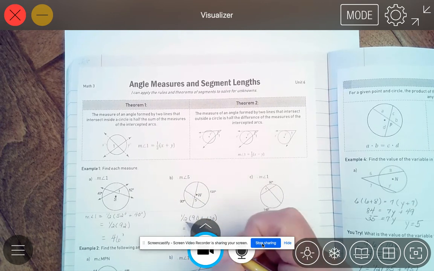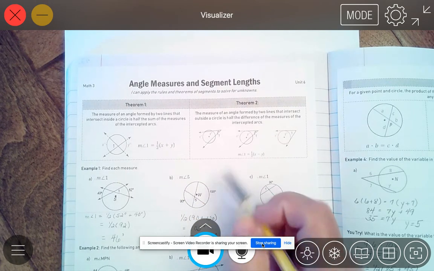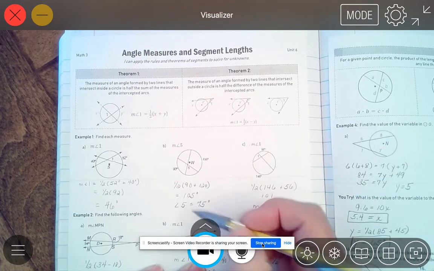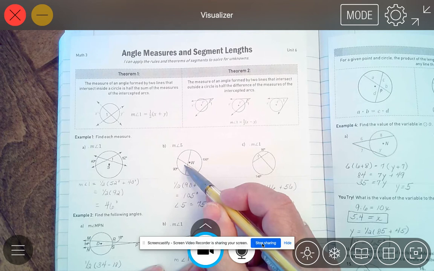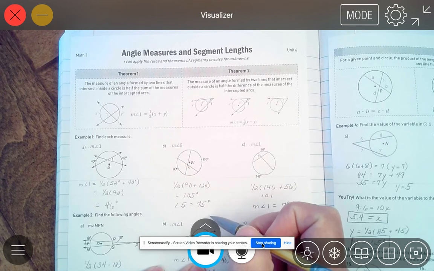So I'm going to add up 90 and 120, take half of that, and I get that the measure of that angle is 105. If this right here is 105 degrees, it tells me that the measure of angle 5 over here is 75 degrees because that has to add up to 180 degrees.